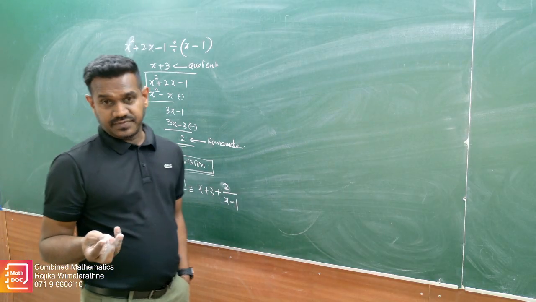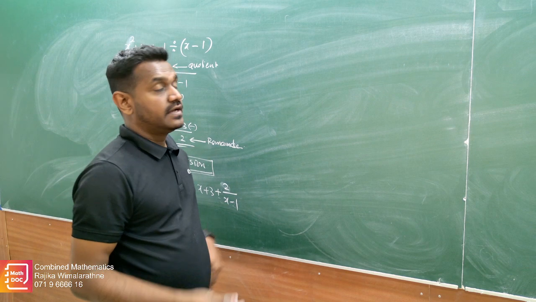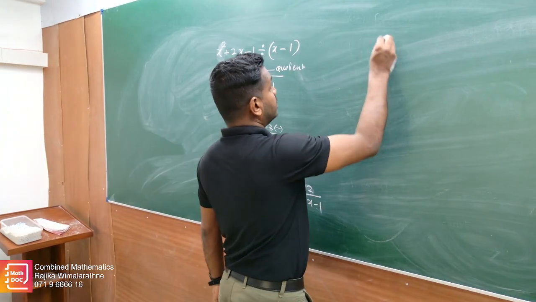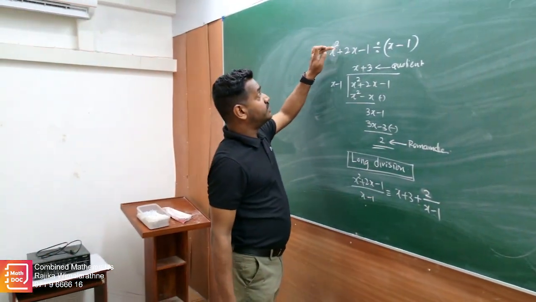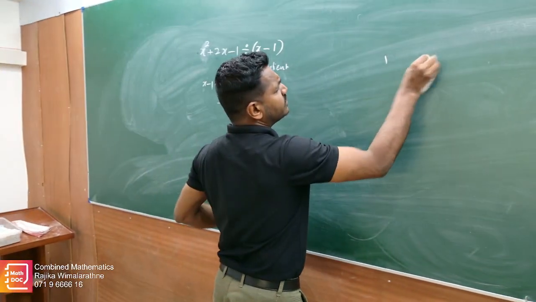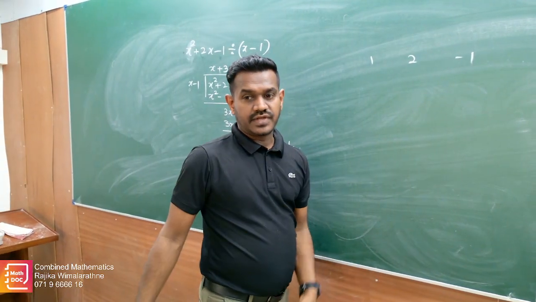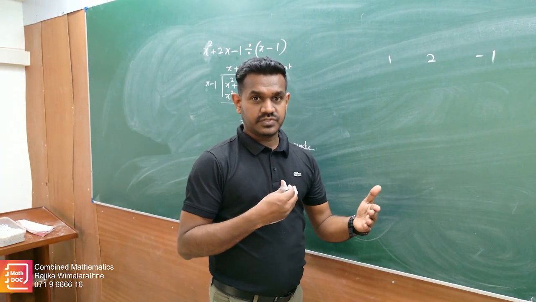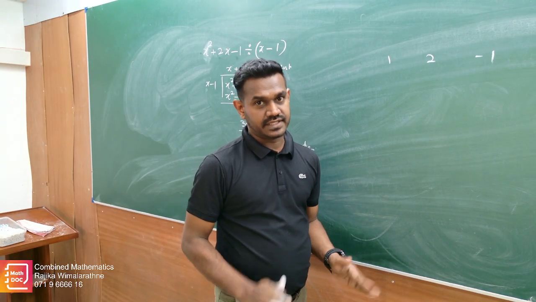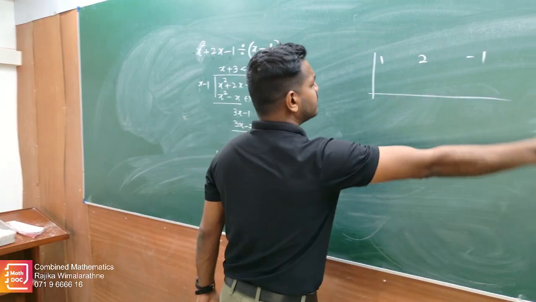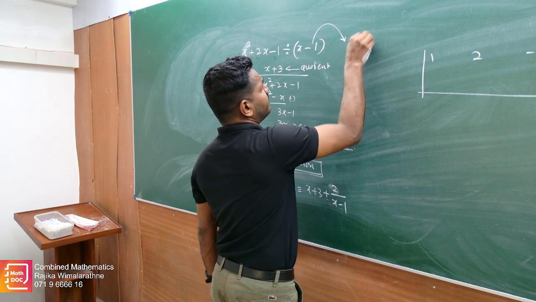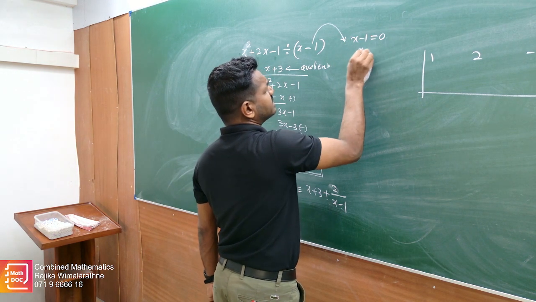Now let's move to the synthetic division method. Check it now. Take coefficients only. Here 1, 2, minus 1. You take only coefficients. If there are missing terms, you need to put zeros. But here we don't have any missing term. Thereafter, take the divisor, then take the factor's zero value, that is x equals 1.